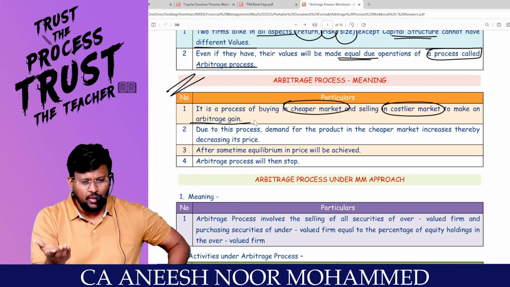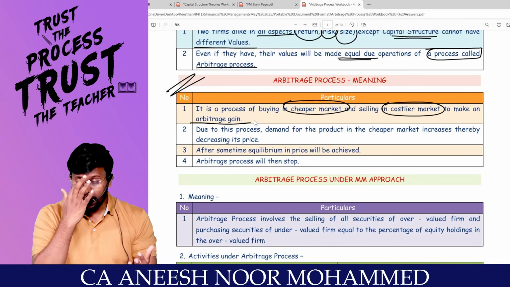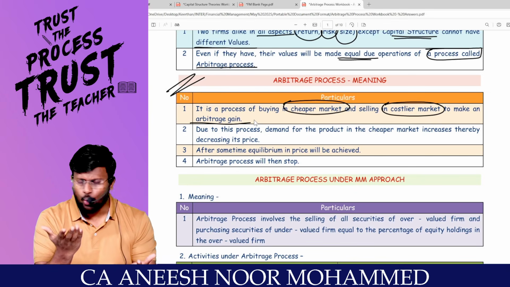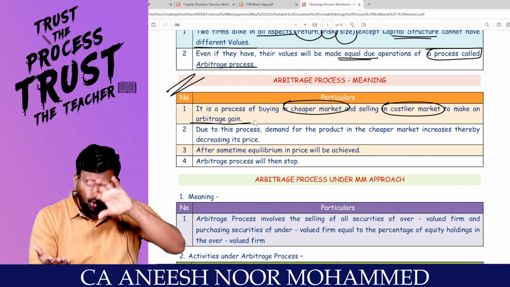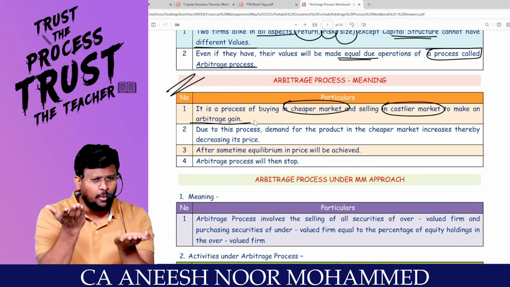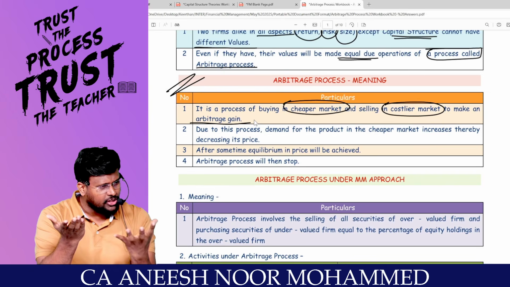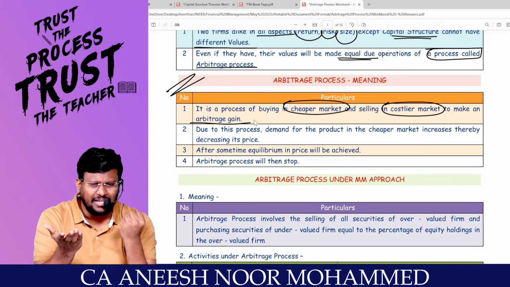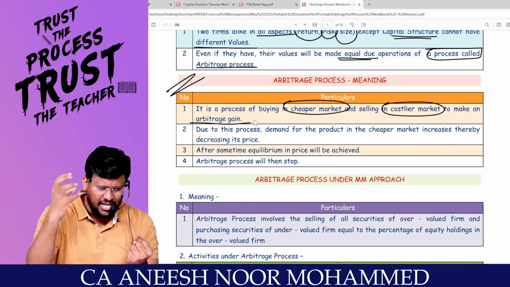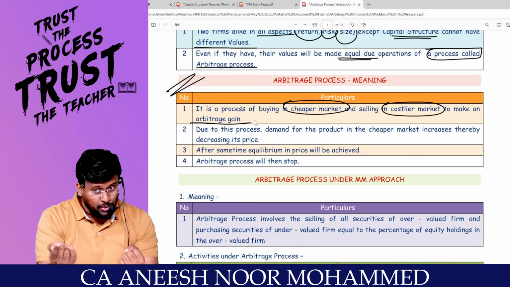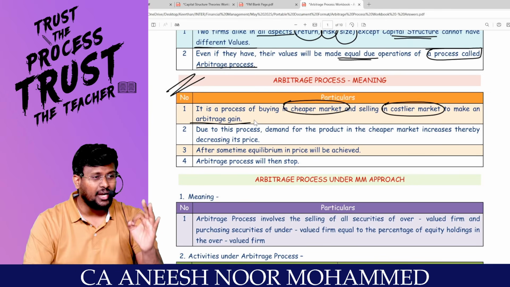Then why invest a huge amount in the levered firm? If you hold 100% of the unlevered firm, it also earns the same EBIT. So sell the shares in the levered firm and move to the unlevered firm. This is called arbitrage.